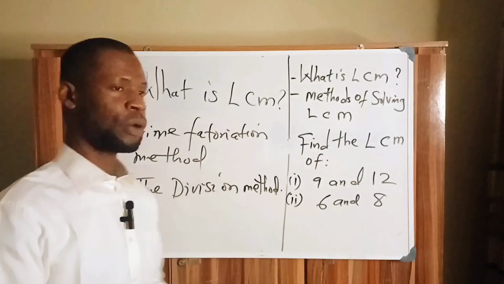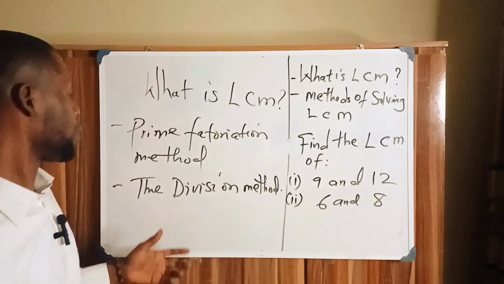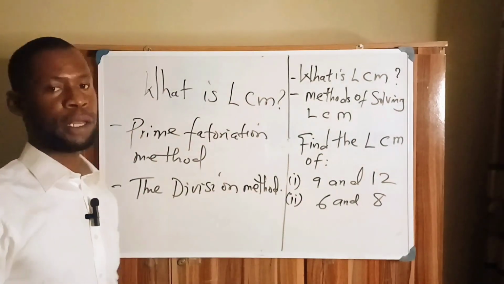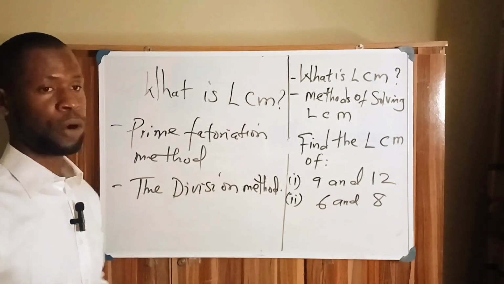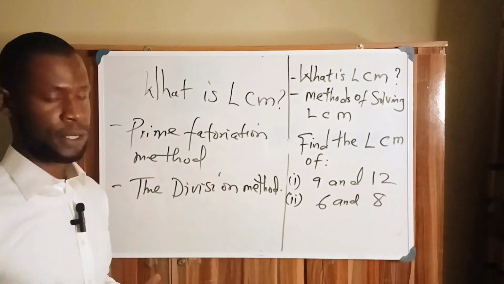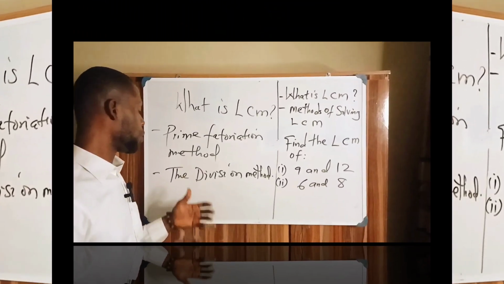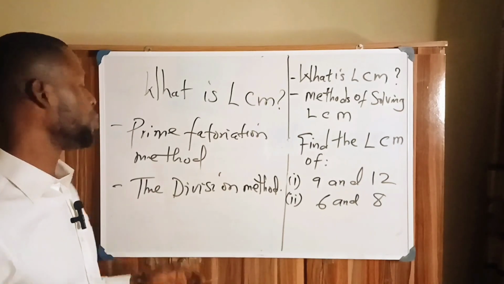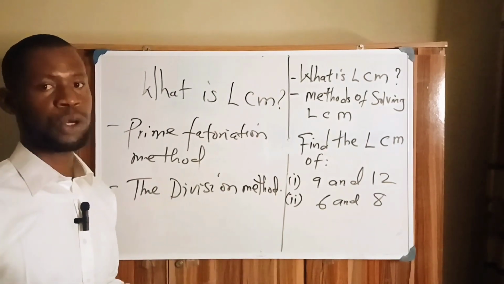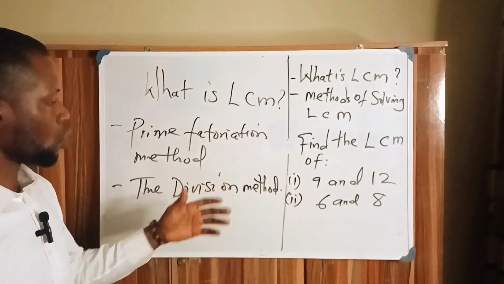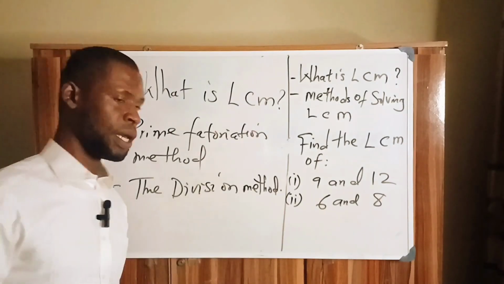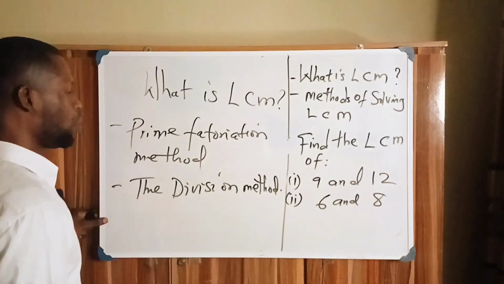However, the division method is the most commonly used method in looking for the LCM of any given numbers. So even in this class, we are going to be making use of the division method to solve problems that have to do with the LCM of two or more numbers.